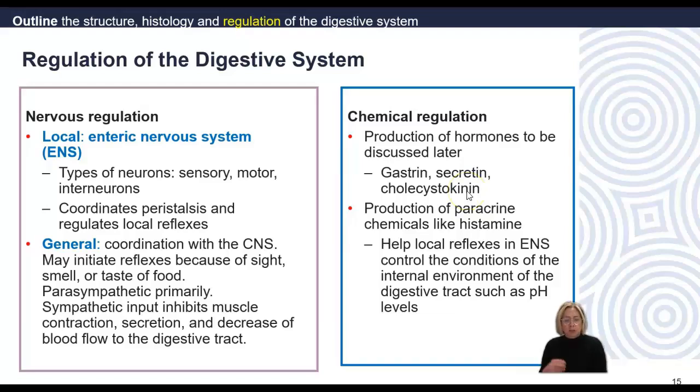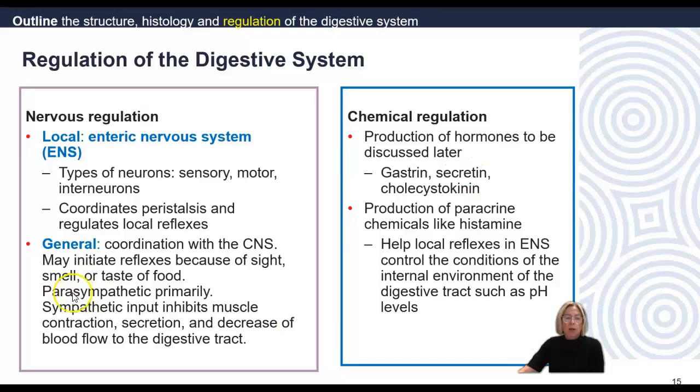There's also production of locally acting chemical signaling molecules such as histamine. Histamine is really important because it stimulates the production of hydrochloric acid in the stomach. And it helps local reflexes in the enteric nervous system control the conditions of the internal environment, for example, pH levels.